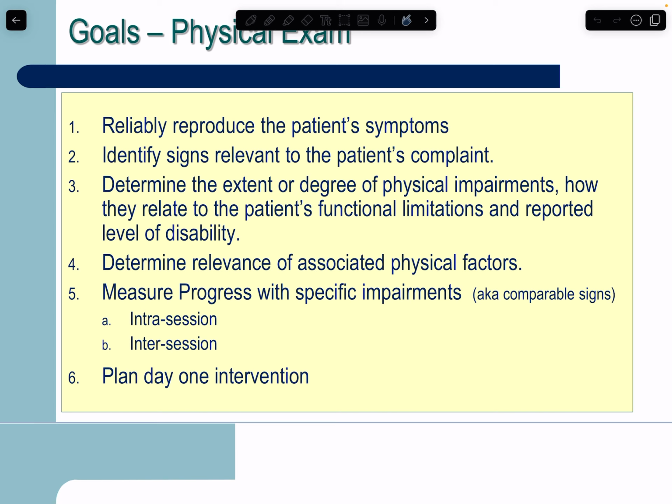You're also going to look at associated factors. So what does that mean? The easiest way to describe it is, I have a low back problem and I have a knee flexion contracture and my back hurts after I walk. That's a slam dunk. That's a physical factor that, unless I treat that knee or help the person get that knee straight again so that their terminal stance phase is back to normal, they're going to have a back problem forever as long as they keep walking.